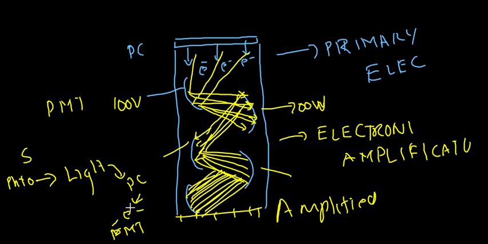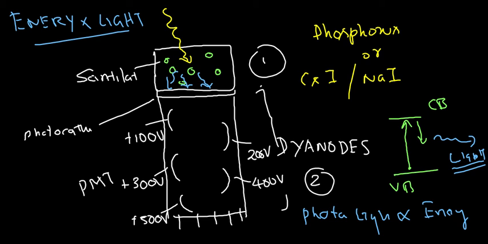The primary electrons are in turn proportional to the amount of light generated by the scintillator. The light in turn is proportional to the energy of the incoming radiation. So this is how your scintillation detector works. That's the basic principle of the working of your scintillation detector.